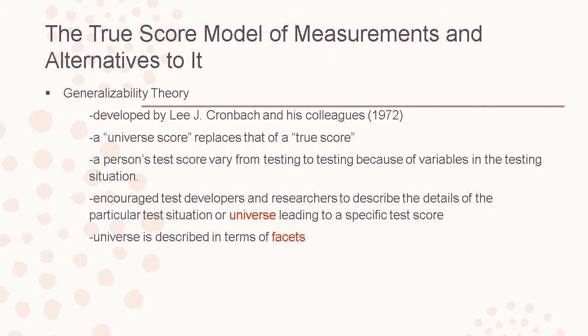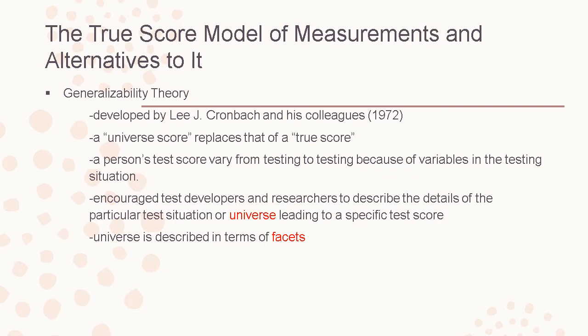A person's test score varies from testing to testing because of variables in the testing situation. Universe is a collection of possible measures of the same kind, but limits of the collection are determined by the investigator's purpose. Your universe score on May 5 is not equal to your universe score for the whole month of May. If there's only a single observation, it will be generalizing.